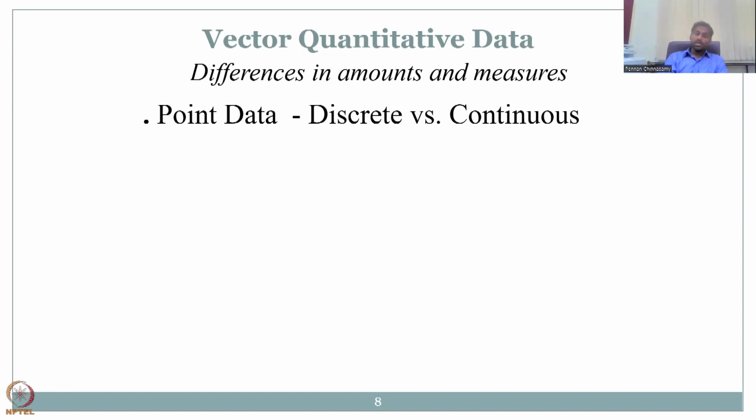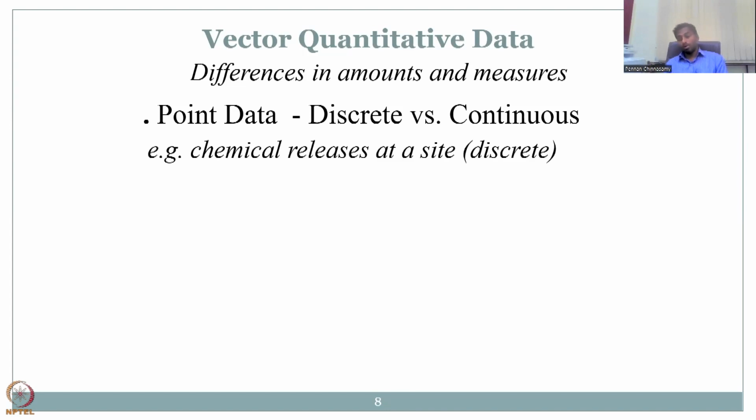Whereas continuous is where the data is collected at multiple time intervals and a continuity is set. If it is daily, then it is daily continuous data. If it is weekly, it is weekly continuous data, and so on. An example of discrete is chemical releases at a site.